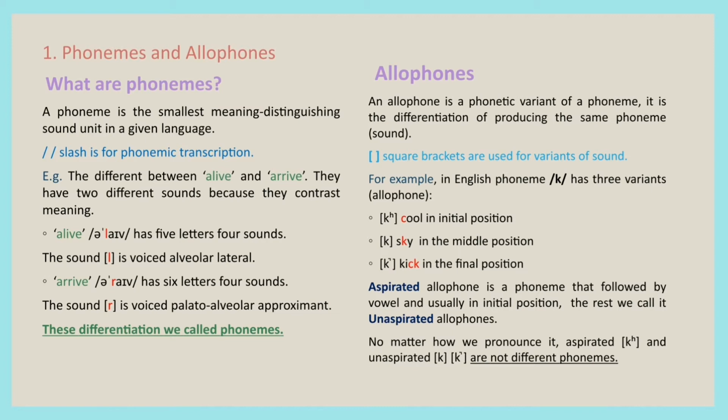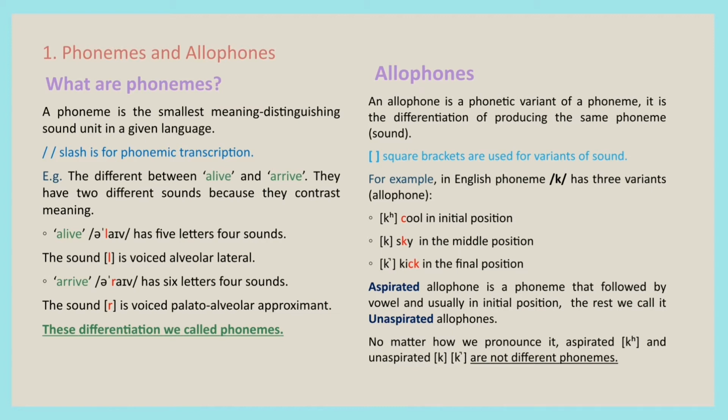First, k in initial position, such as in the word cool. Second, k in the middle position, such as in the word sky. And the last, k in the final position, such as in the word cake.